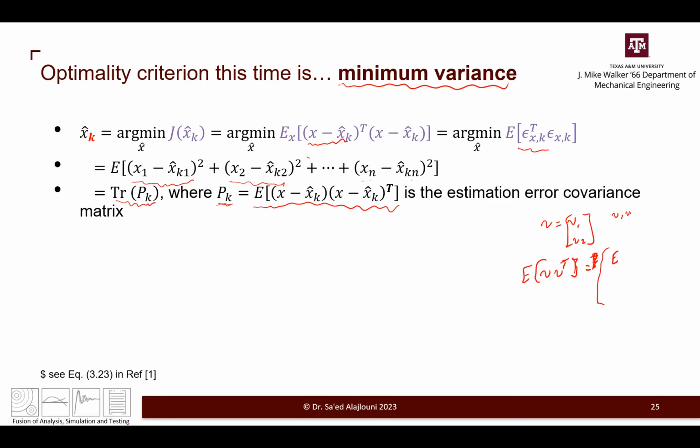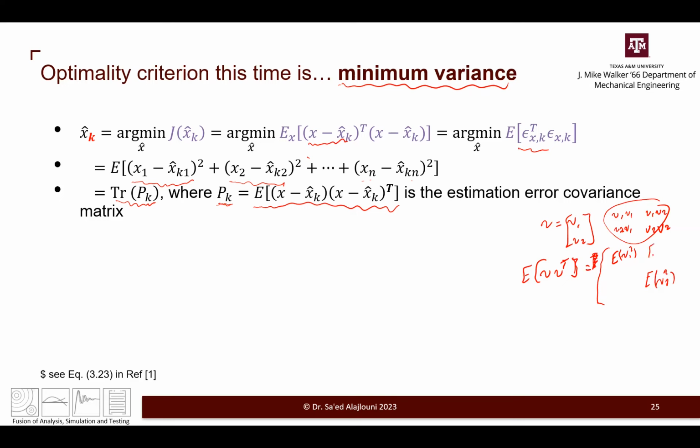You get v1 squared, v1 v2, v2 v1, and v2 squared, and you take the expected value of that. You get the expected value of v1 squared and the expected value of v2 squared, which are the diagonal elements.